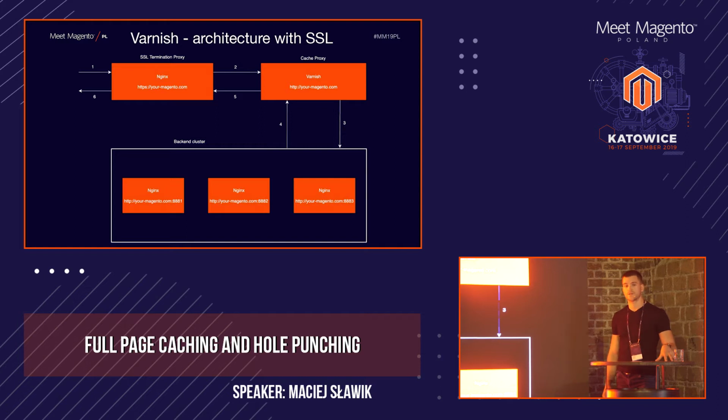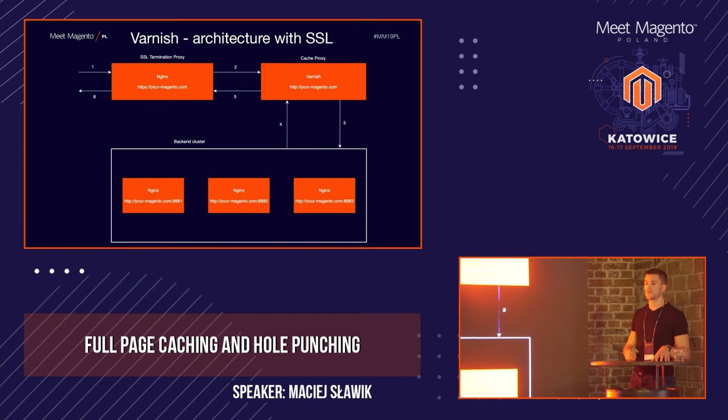The service is called an SSL termination proxy. So when a request comes to the application server from the browser, the request first has to go to the termination proxy. Then the SSL is decoded, and the request is sent directly to Varnish.